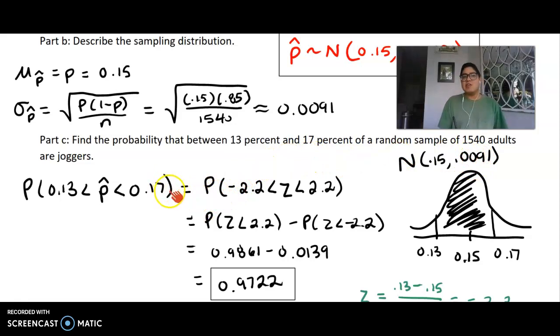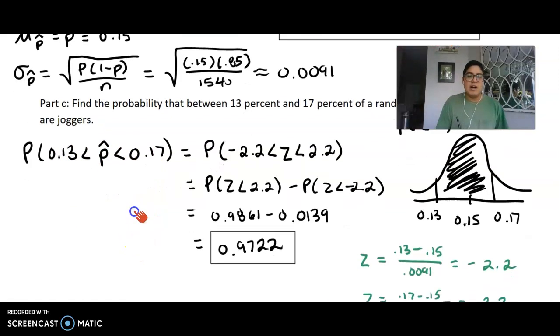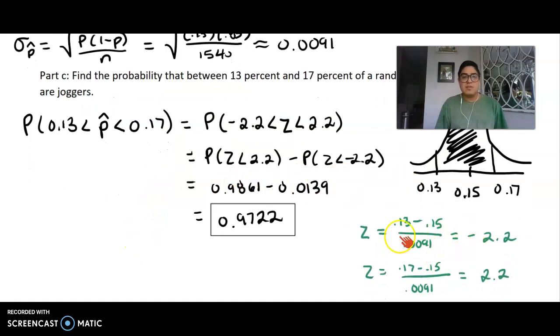So we just treat these like normal model problems. Really, the hardest part here is just checking the conditions and then describing the sampling distribution. But once you have that set, you're good to go, and you just basically solve like you would a normal model problem. So I want the probability that the sample proportion, notice we're not using x, now we're using p-hat, is between 0.13 and 0.17. Well, I'll convert both of those to z-scores and then find the probability that an observation has a z-score between these two.